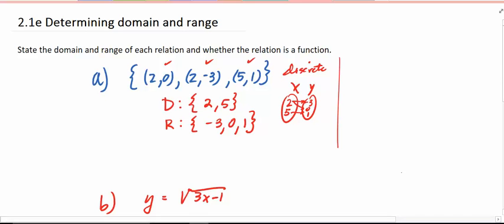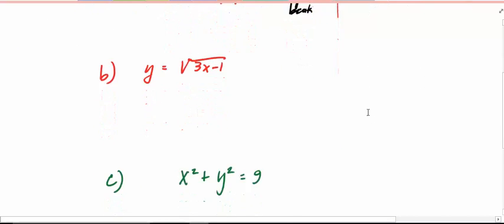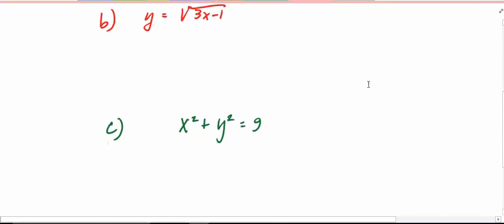Now, we talked about in the previous videos that if we have this situation that looks kind of like an open beak on a bird, then we don't have a function. So we're going to say this is not a function. You can look at some previous videos to see the reasoning behind that, but it does make sense that it is not a function.